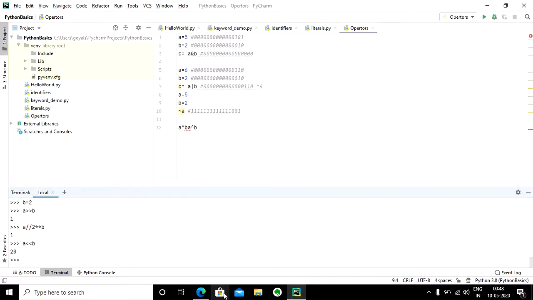If I want to calculate the value of this, again there is a simple formula: A into 2 raised to the power B. So for right shift we are performing floor division, and for left shift we are performing multiplication. If I do this, the output again comes to 20.